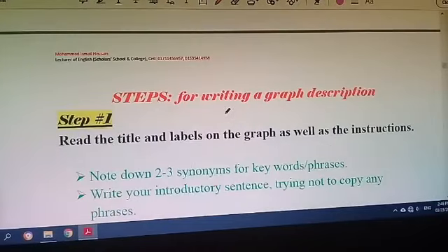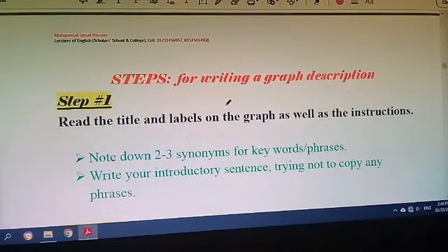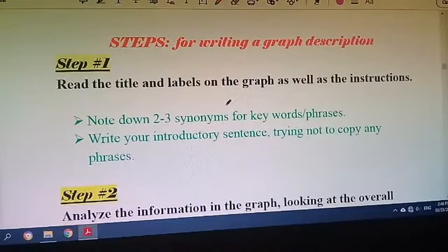Let's go. How will you write graph insert description? Steps for writing a graph insert description. How will you write it? Now you can see, read the title and labels on the graph as well as the instruction. That is, whenever you will give a question, you will read the question very carefully.